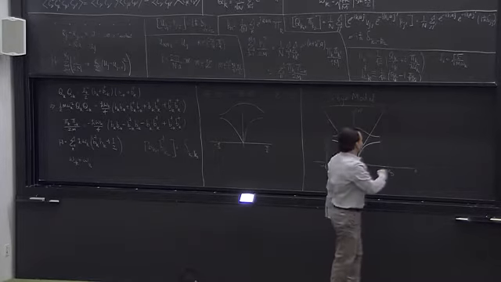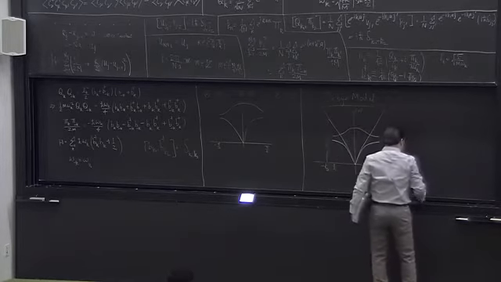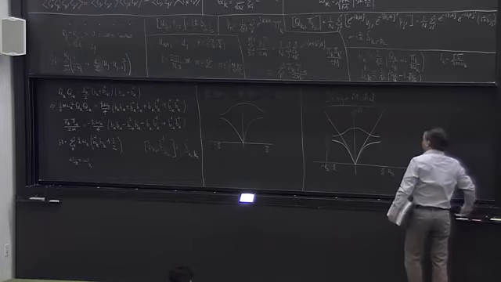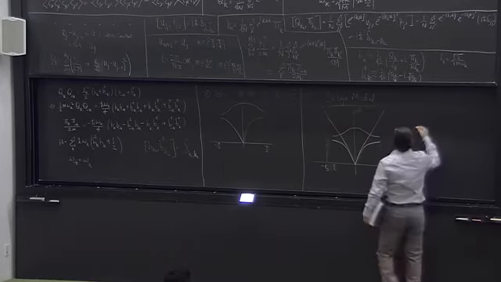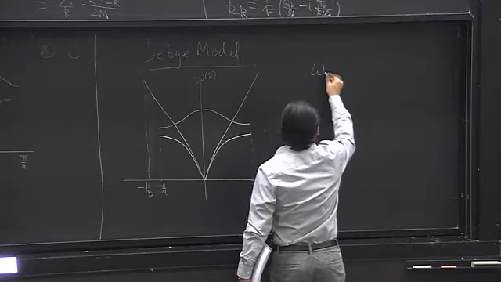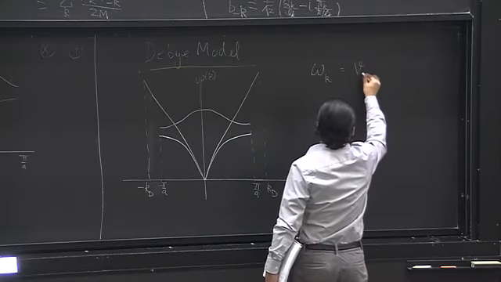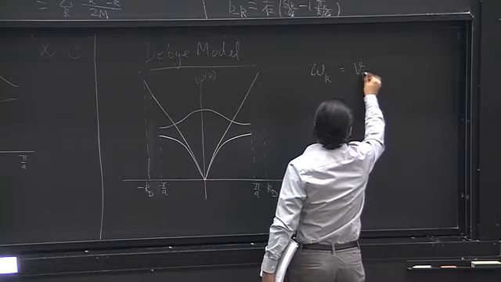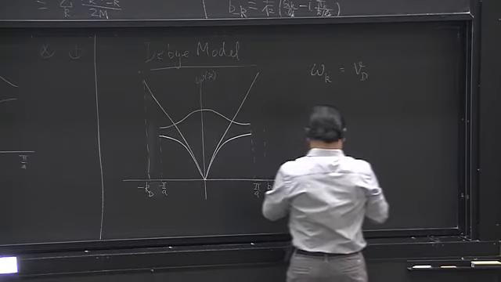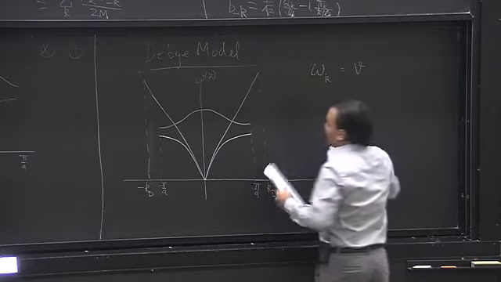So the dispersion relation for this Debye mode, now that you have only 1 branch, is omega of k equals some velocity times k. Let's call it the Debye velocity.